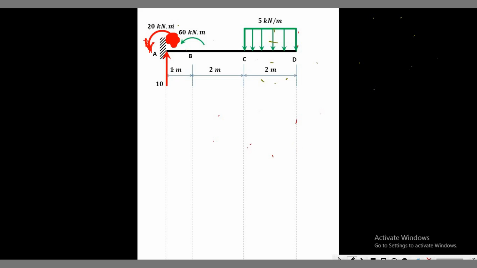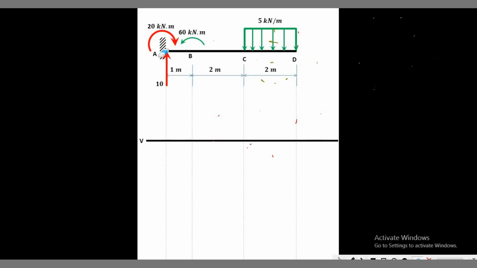So if I'm going to draw the shear diagram, pa-double check muna before ko ituloy dito.